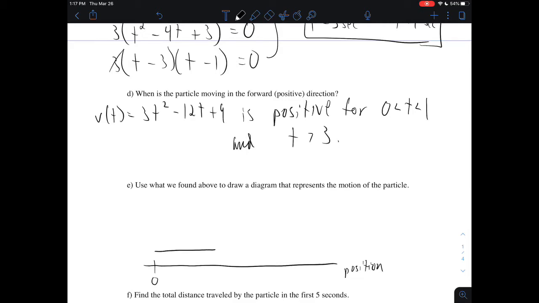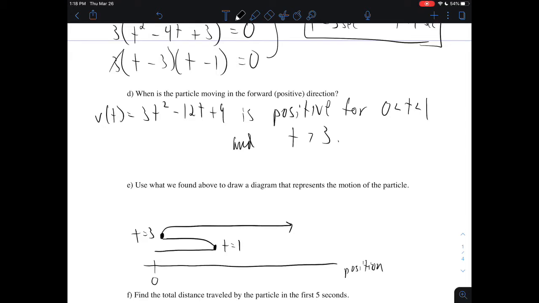But then at time equal to 1, it turns around. And then it's heading backwards. But then at time equal to 3, it turns around again, and then it continues to go forward from there on out.